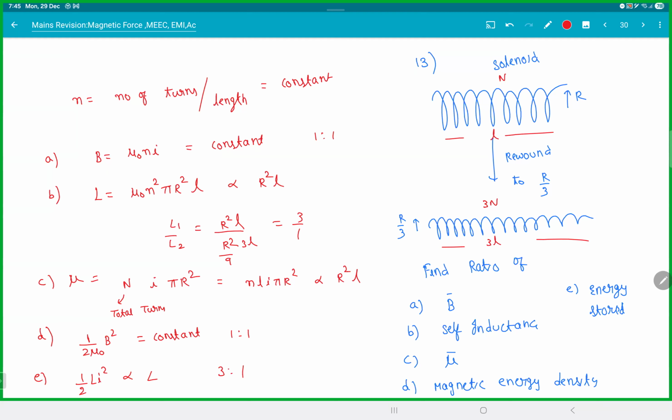Which formula will you use for self-inductance? Energy. Energy is equal to half Li square. So L is proportional to energy by current square. The energy is ML squared T minus 2, ampere minus 2.